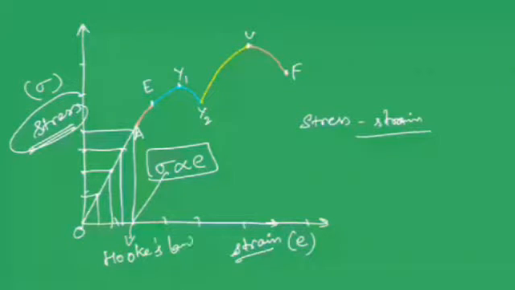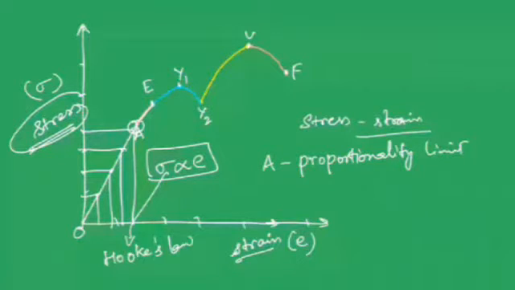This is valid till the point A, and the point A is called the proportionality limit. Beyond this, it will not obey Hooke's law, that is, we won't get the proportionality anymore.